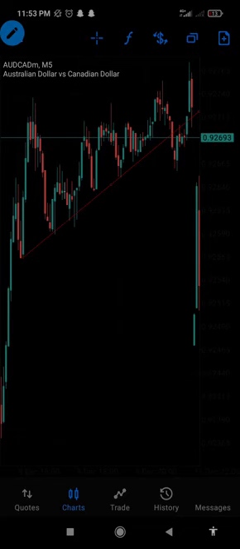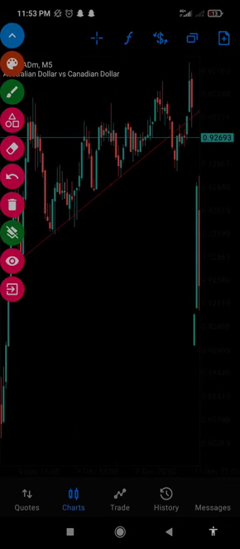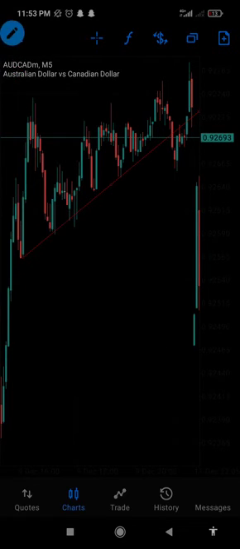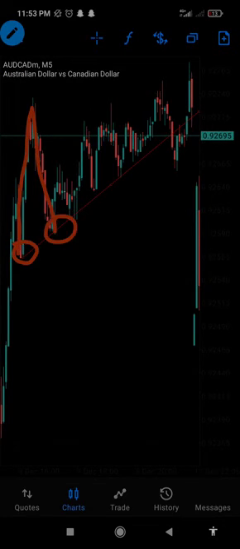Now you can see a false breakout. See that price retested here, went up, came back, retested here, went up, came back, retested here. This same zone went up, came back.